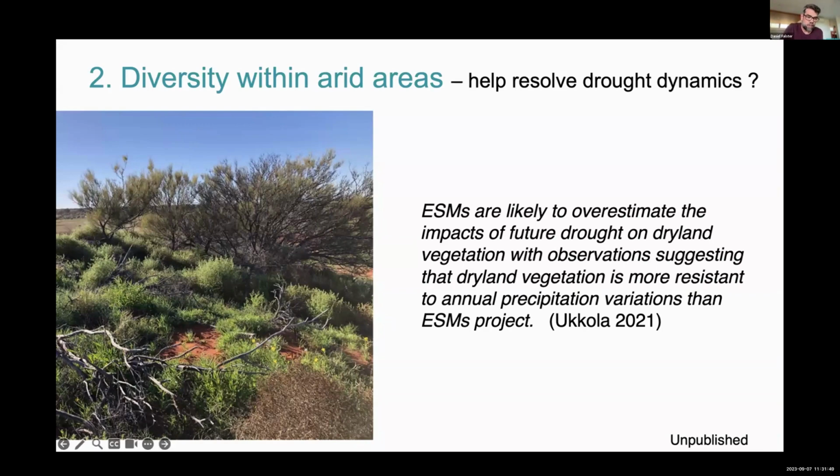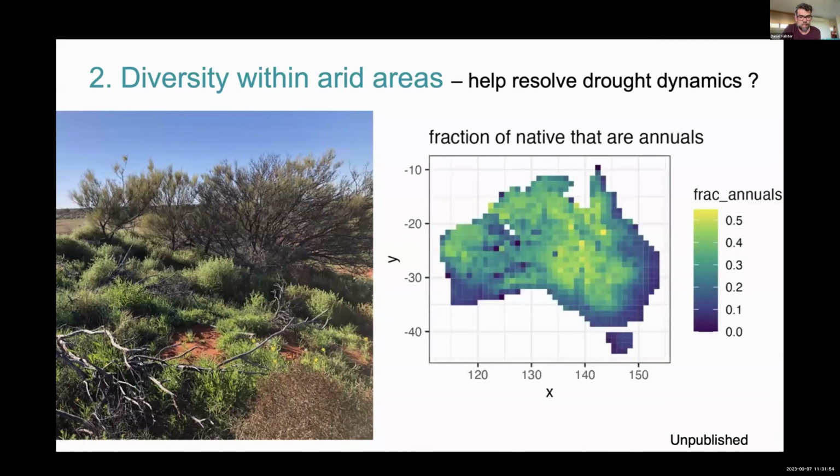But you can see all these other things here, which have a pretty green, lush sort of characteristic. And these are drought avoiders. They don't grow in the drought. They grow in wet times. And in our lab, we've been mapping the fraction of the native species that are annuals across the continent.